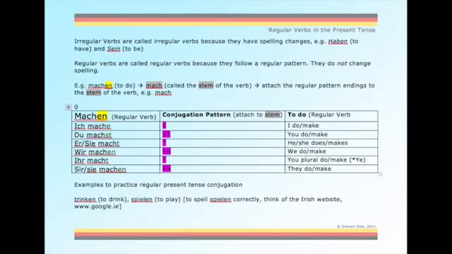And for sie, they, start off with mach, and then you put en at the end: machen. Okay? So the endings for verbs in the present tense are as follows: E, S-T, T, E-N, T, E-N.